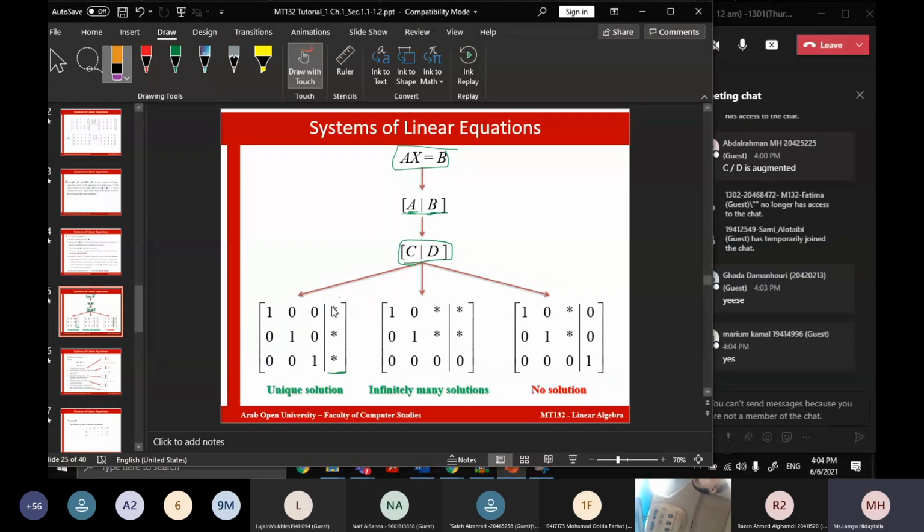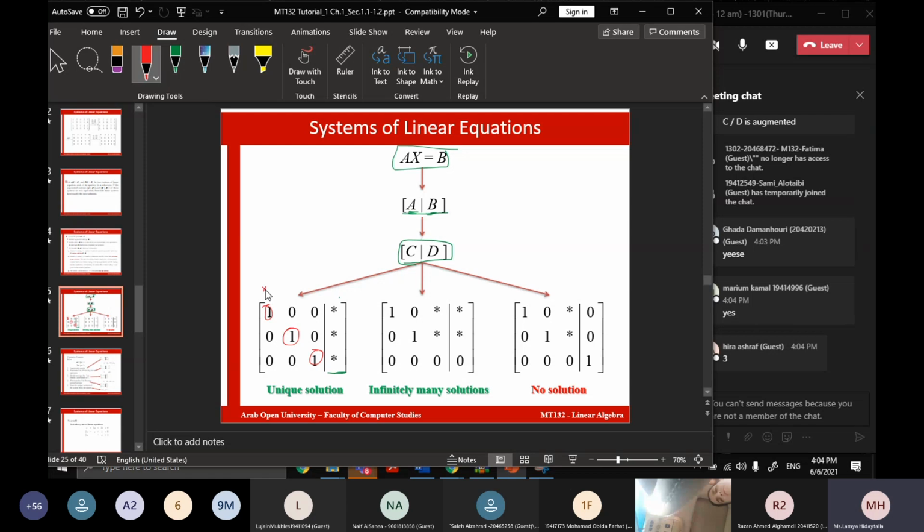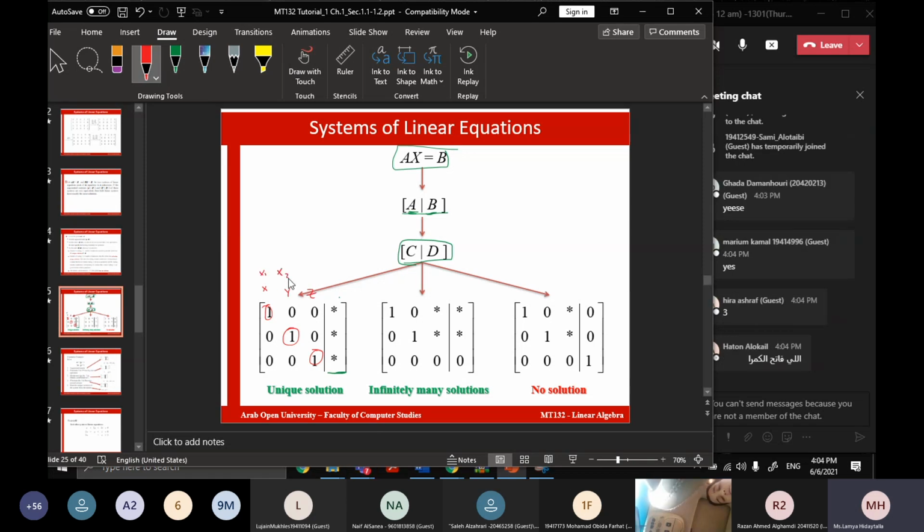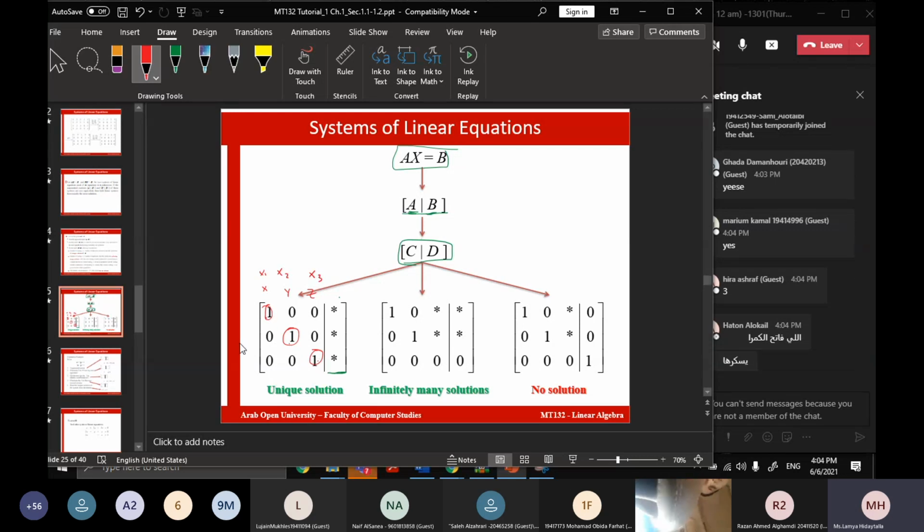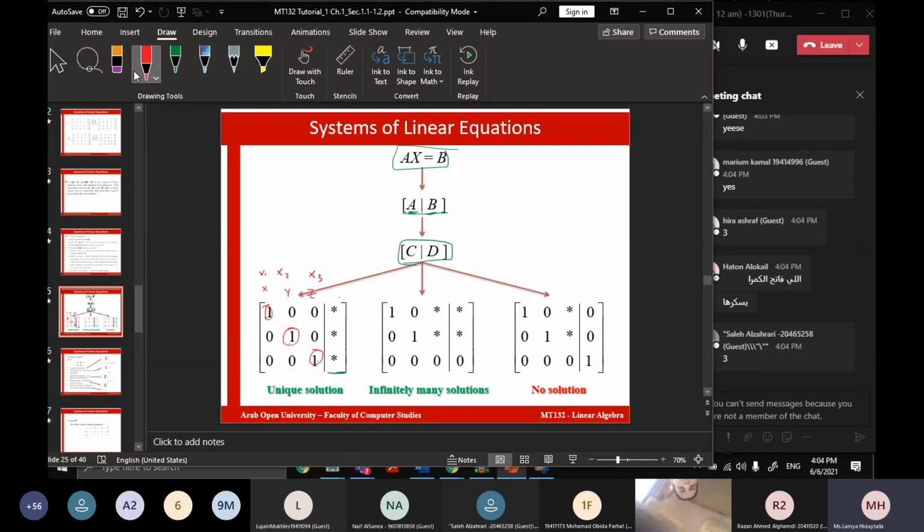Let me tell you from now what the solution is. You will get only one solution. So the number of leading ones: how many leading ones do I have? 1, 2, 3. How many unknowns, how many variables do I have? This is the x, y, z, or you can call it x1, x2, x3. So the number of leading ones is equal to the number of unknowns, and in this case he said you will get a unique solution.